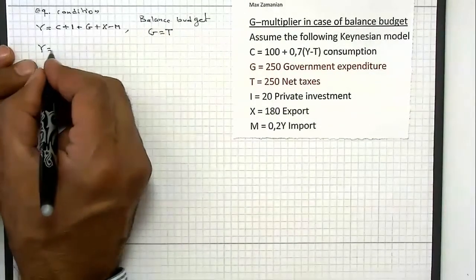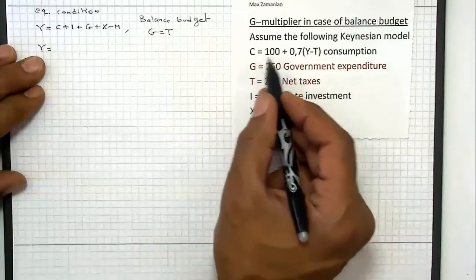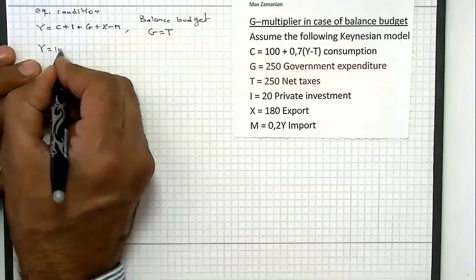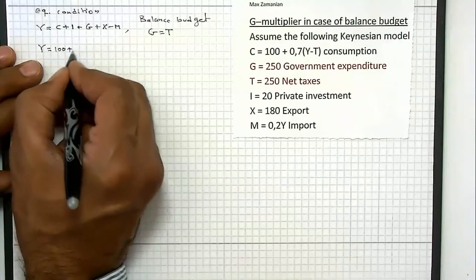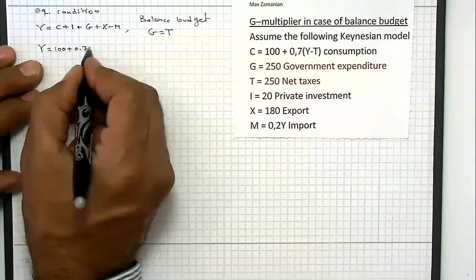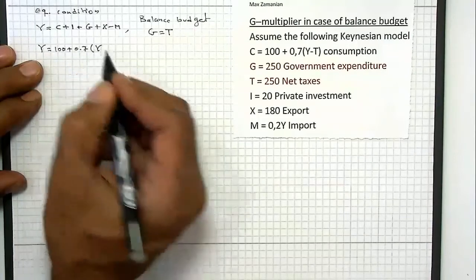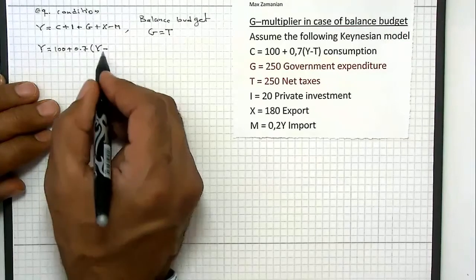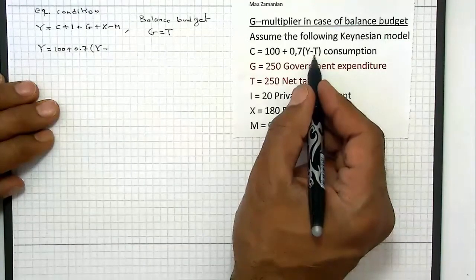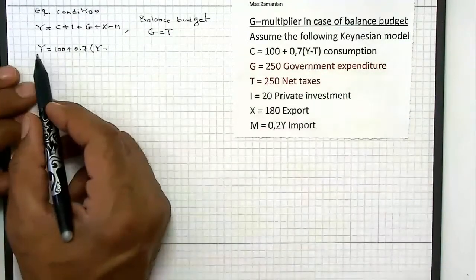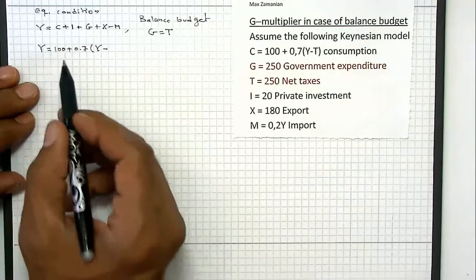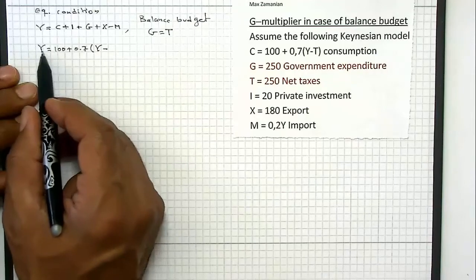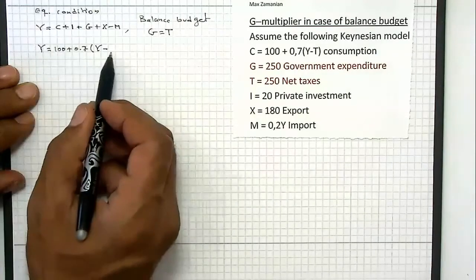So I go on here and insert the consumption function instead of C here: 100 plus 0.7y minus T. I don't put T here because I won't have a function between y and g.